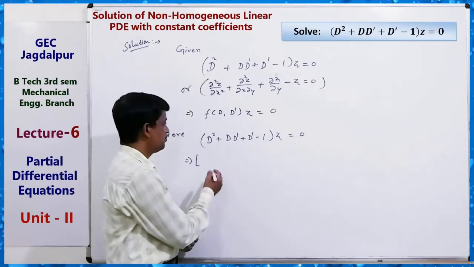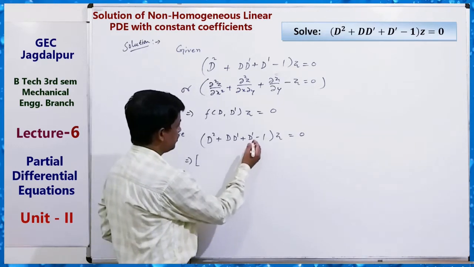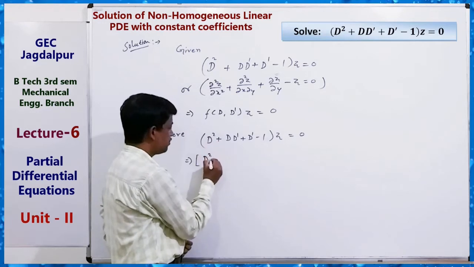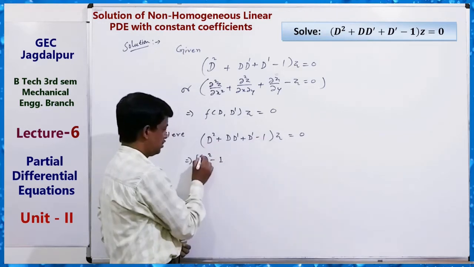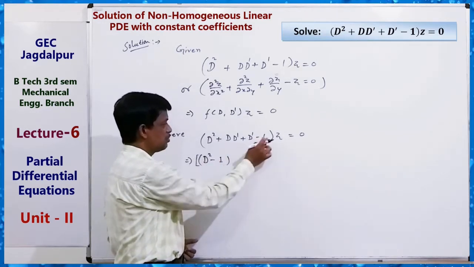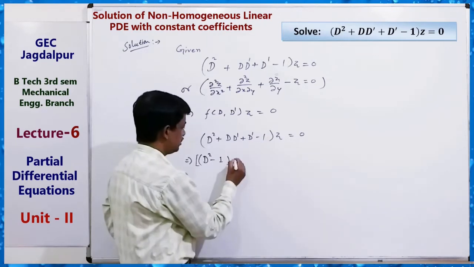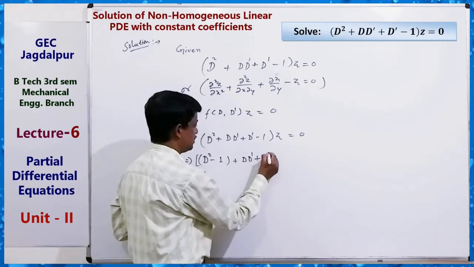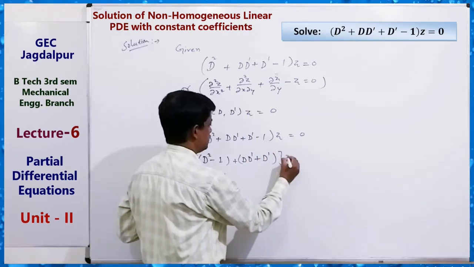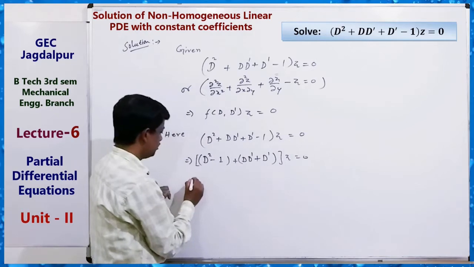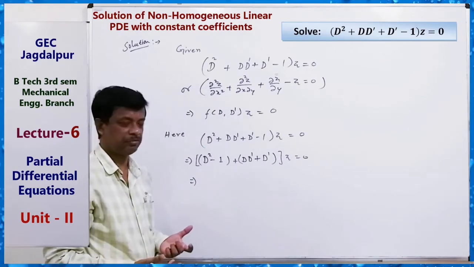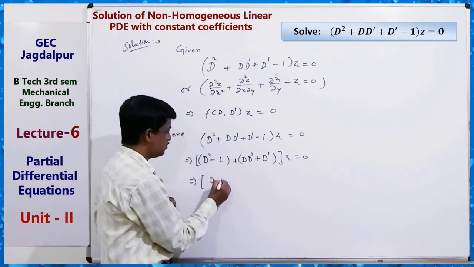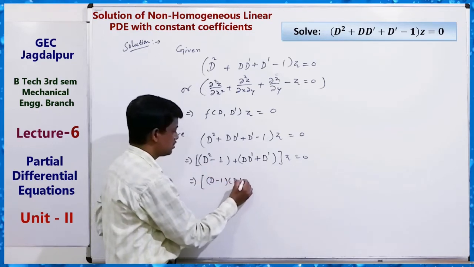Okay, so here we can see that D² − 1, suppose we write like this, and here DD' + D'. Write this, z = 0. Now we try to find the factorization. So here D² − 1 means (D − 1)(D + 1).